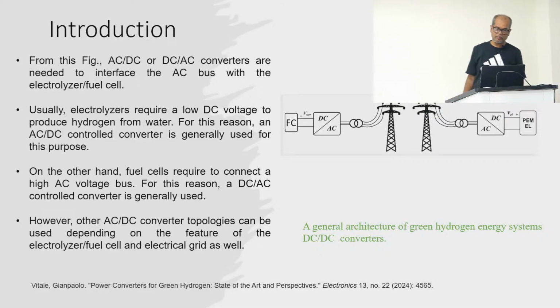From the fuel cell we convert DC to AC for connecting with the grid, and even if you want to supply a load, that is AC. Even if it is DC, although we are not showing the middle-stage DC to DC, we probably need DC to AC. So in both cases we might have a DC to DC converter as well. And in the electrolyzer, as I mentioned, it needs DC, so you need to convert from AC to DC.